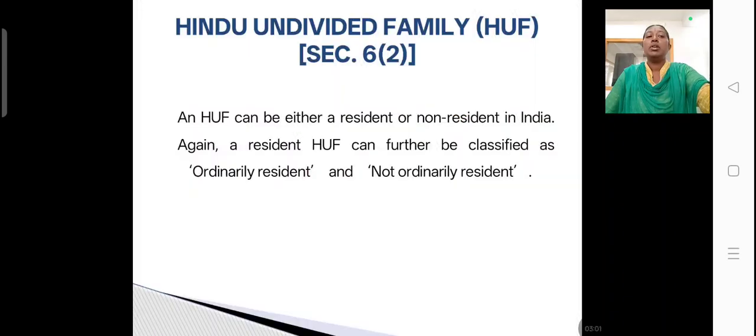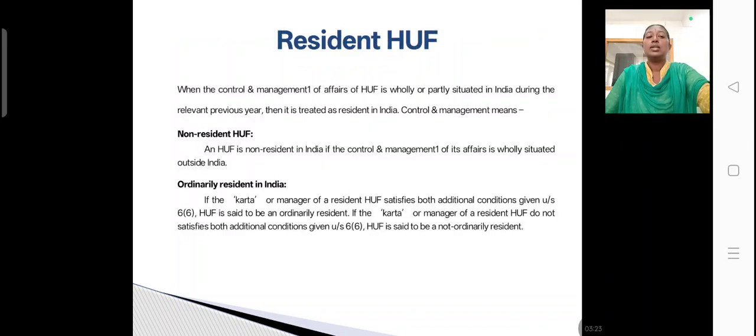Hindu undivided family, section 6 subsection 2. A Hindu undivided family can be either a resident or non-resident in India. Again, a resident Hindu undivided family can further be classified as ordinarily resident and non-ordinarily resident.